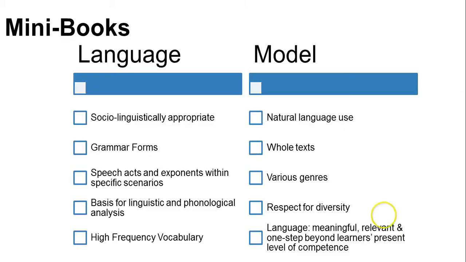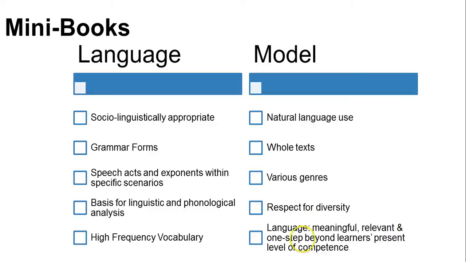The mini books can also model various genres, so we can have narrative genres, especially at the beginning levels, but we can also have nonfiction and expository genres, interactional genres also modeled within these mini books.